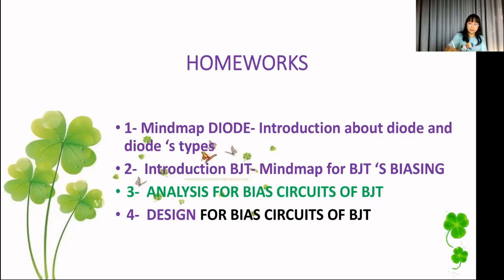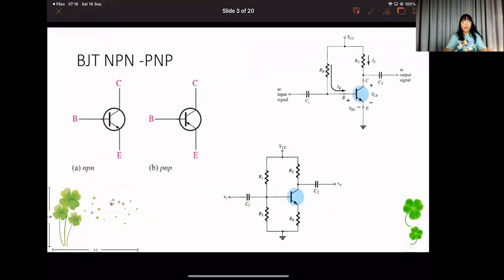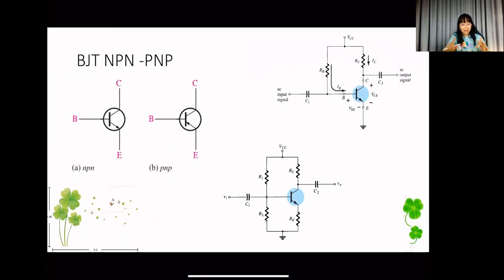The first kind is to analyze the bias circuit of the BJT, and today we will learn analysis very shortly. Next lesson we will talk about the design of the same bias circuit for BJT. And before the lesson, I would like to remind you once again.